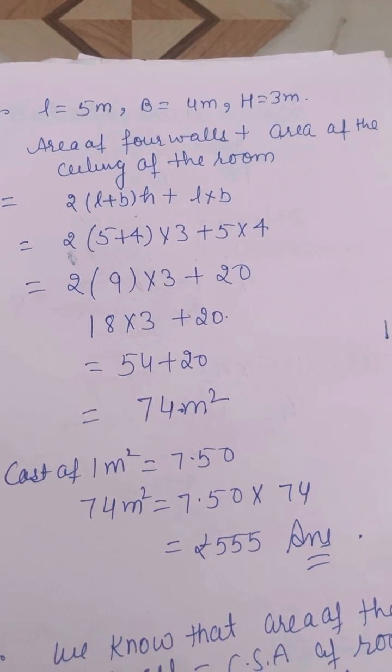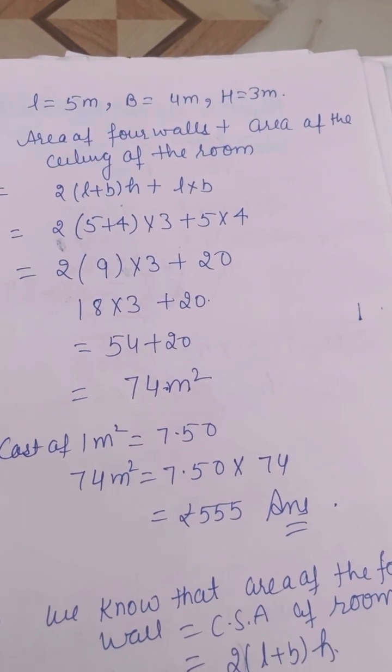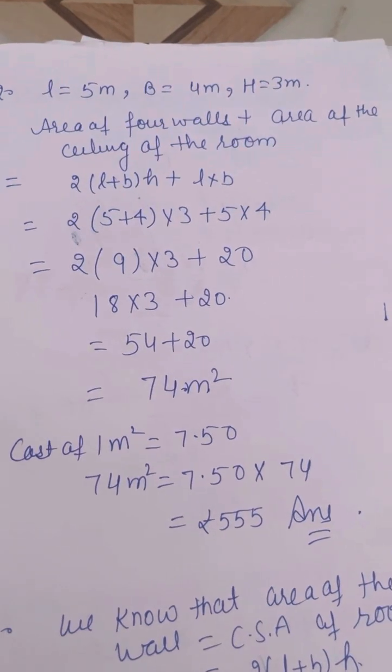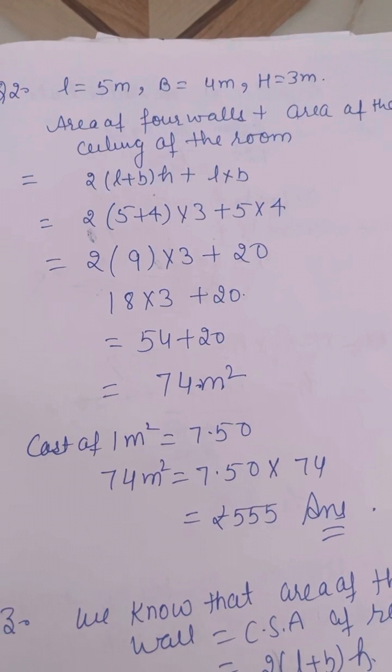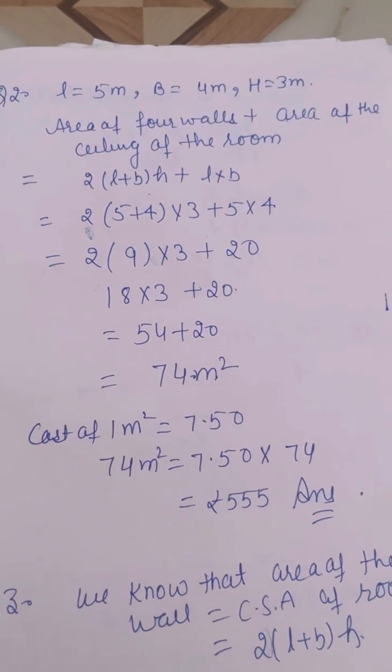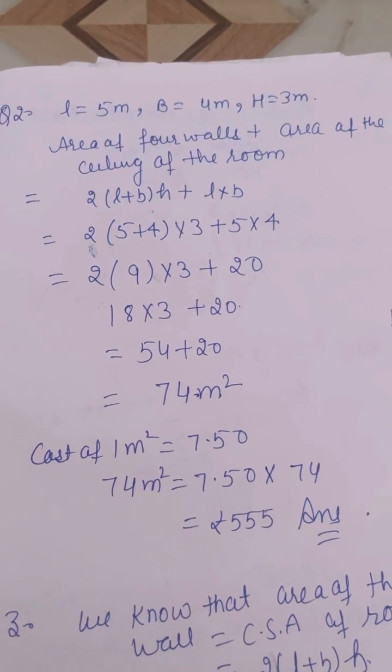Length is 5 meter, breadth is 4 meter and height is 3 meter, and we will take the area of the 4 walls plus the area of the ceiling. Bottom we will not include, same as we did in the first question. 2 into (L plus B) into H plus length into breadth, because the ceiling area is also length into breadth, rectangular.